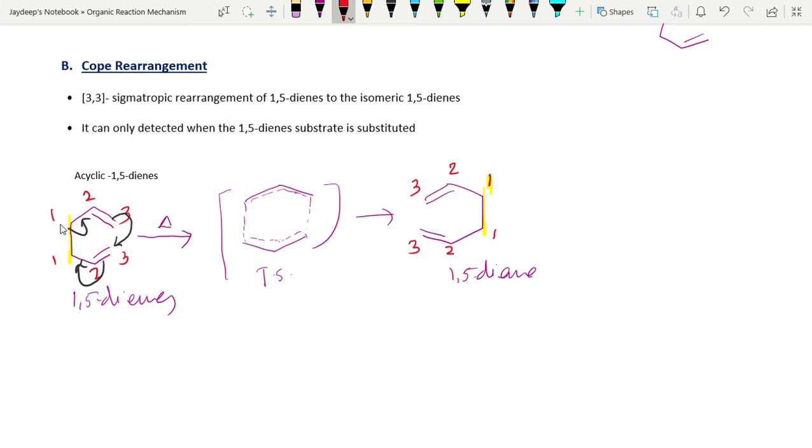In the starting material, the bond which is going to be cleaved is at 1 and the double bond is at 3 position. Similarly, in the product, the new bond is going to be formed, right? The starting bond is at 1 position. Now in the product it is at 3 position at both ends of this particular molecule. So the rearrangement is a 3,3 sigmatropic type of reaction. Sigmatropic rearrangements.